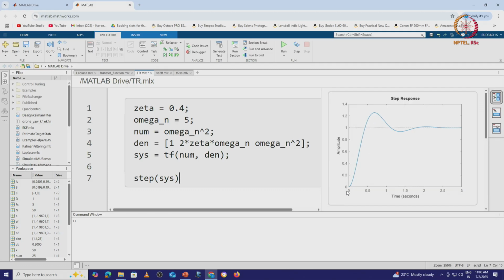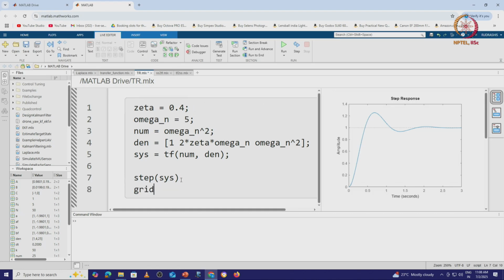Since this is an underdamped system, we have a certain peak overshoot here. So we have the concept of peak time, rise time, and settling time involved here.